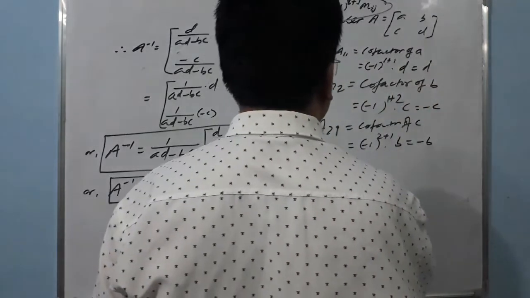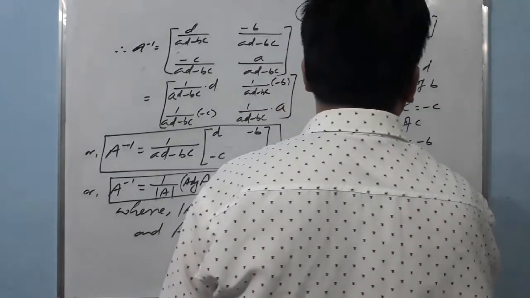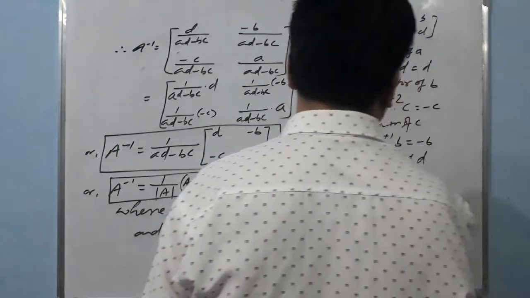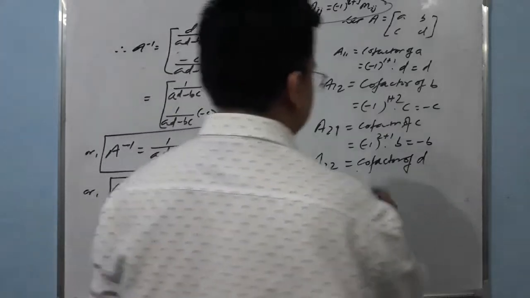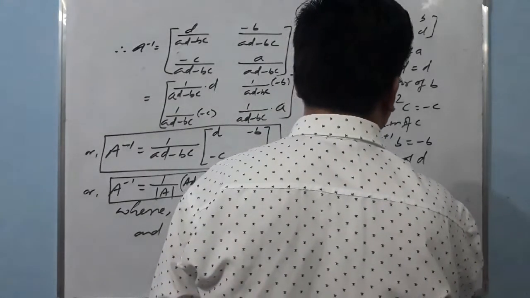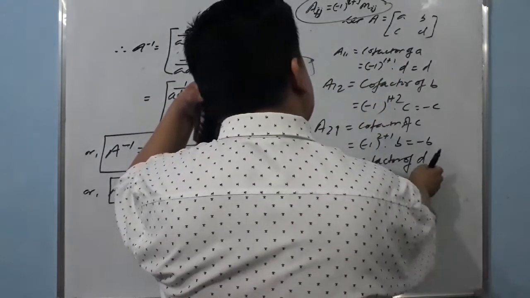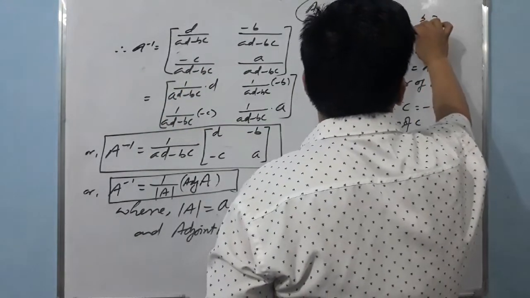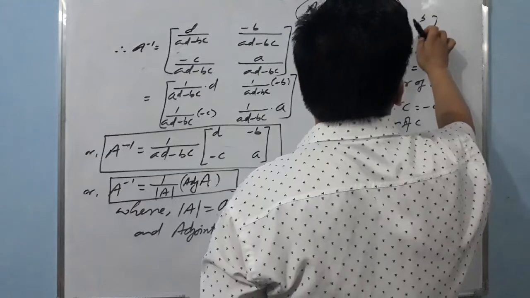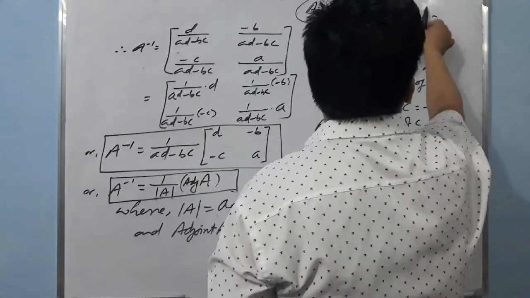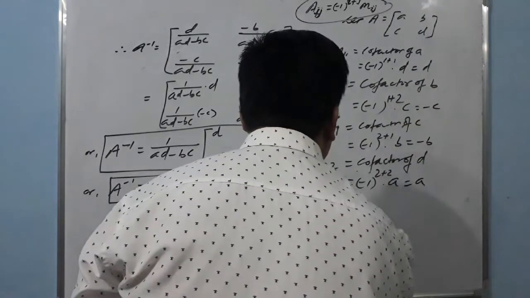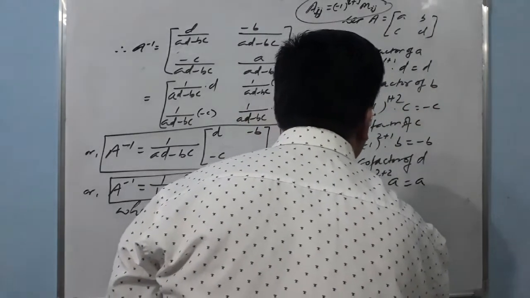And finally A22 is the cofactor of D. Firstly (-1) raised to power 2 plus 2, and let's find the minor of D. For the minor of D, let's delete the second row, second column, because D is in the second row, second column. We'll get only A, right? So let's write down the matrix of cofactors.